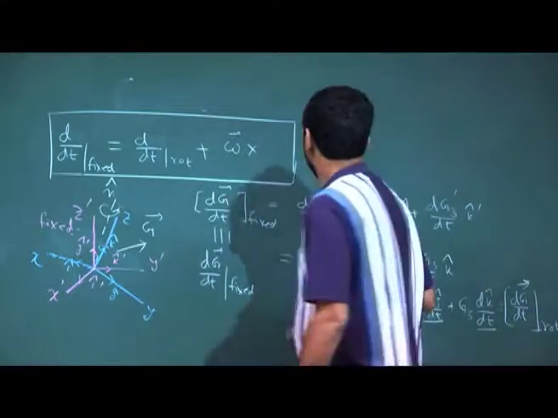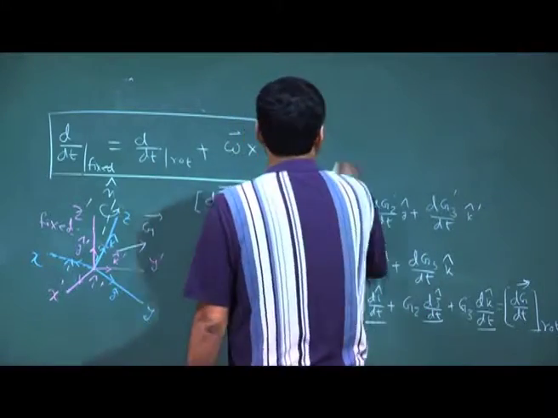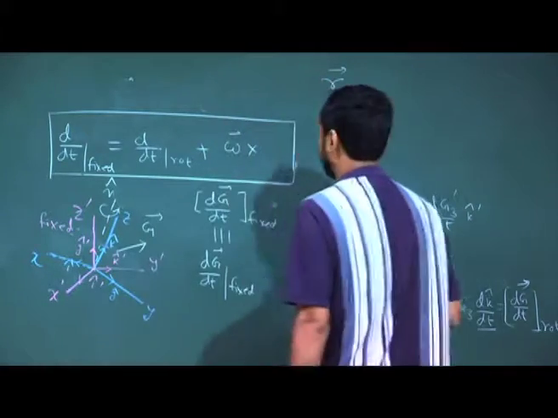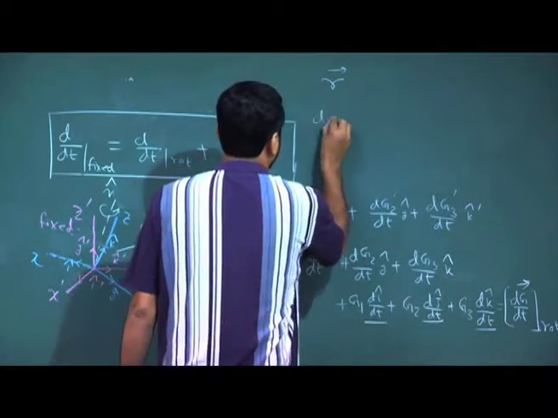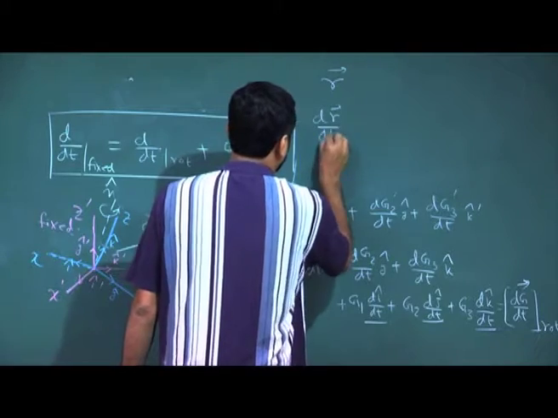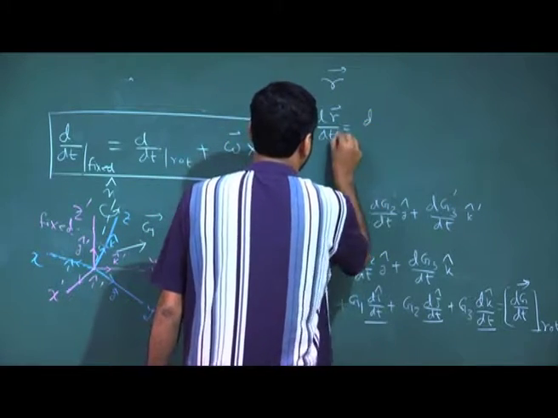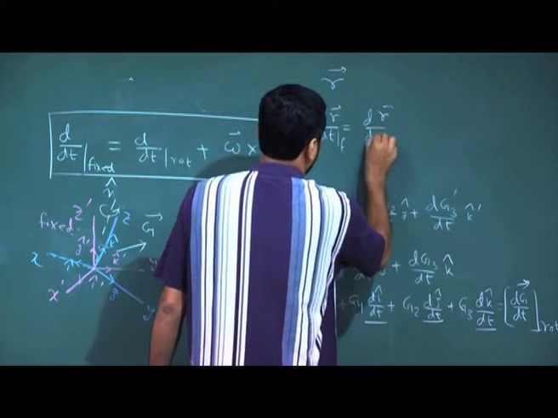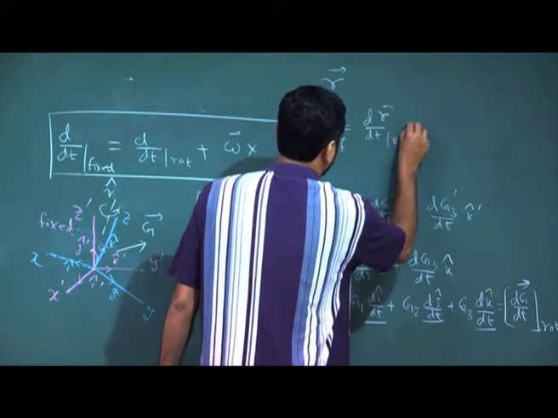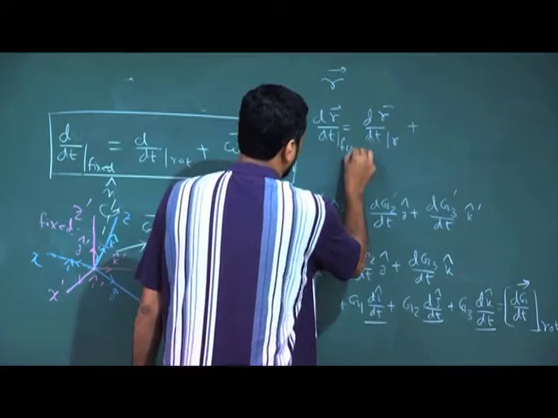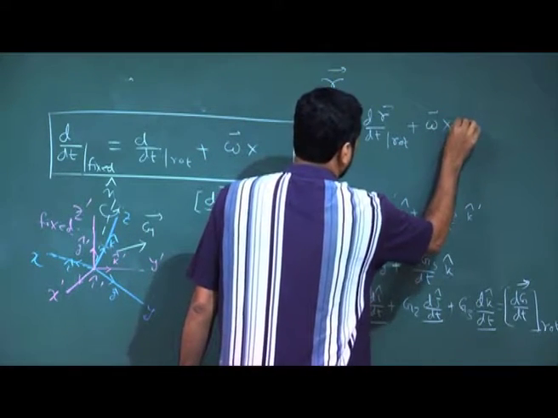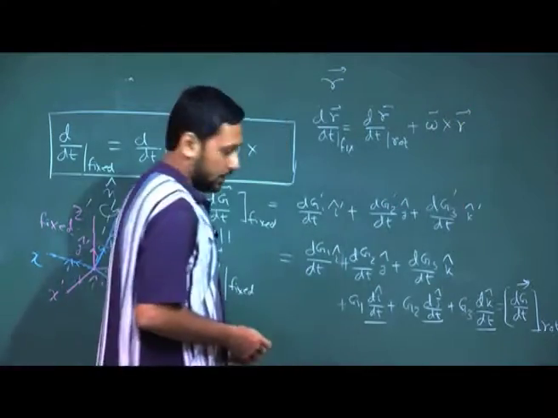Now, if we operate this on the standard position vector r, what do we get? We get dr/dt fixed equal to dr/dt rot plus omega cross r.